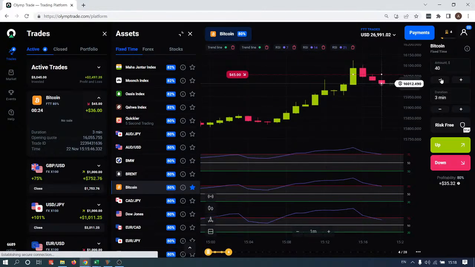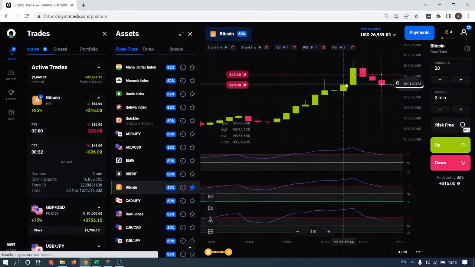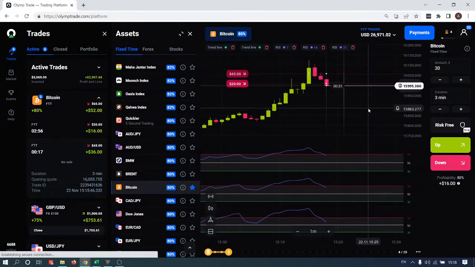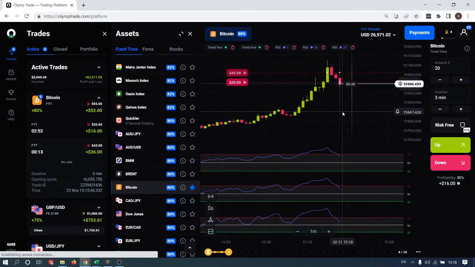But for the majority of traders, I would still recommend finding your own best time frame. And in order to find this best time frame and duration of trades, you just need experience.